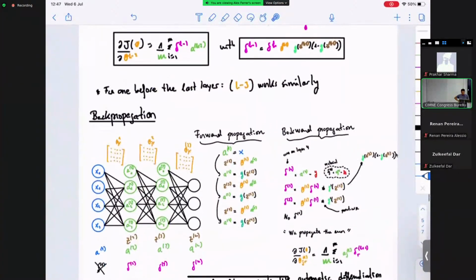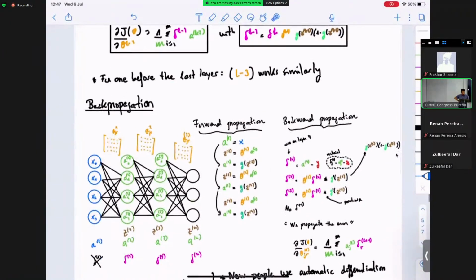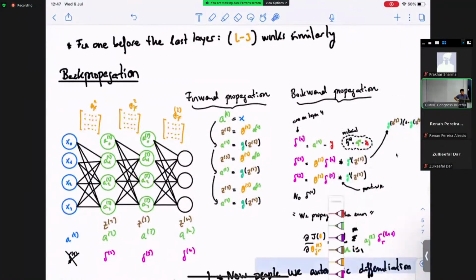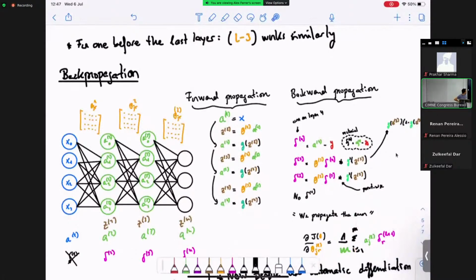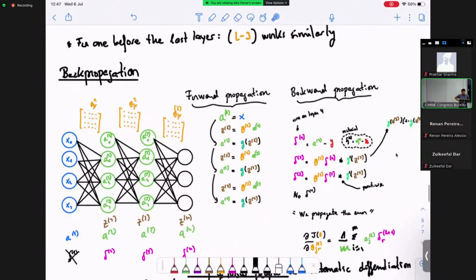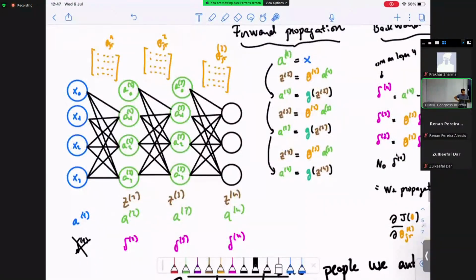So how does it work? Can you see it there? Okay. So deltas, you can imagine them also here in this column. If you want to do forward propagation, what you do is just multiply x and a and theta, you compute sigmoids, and you store a's.